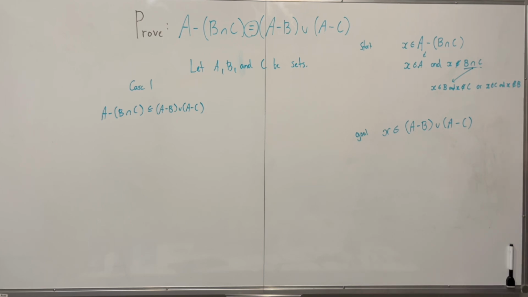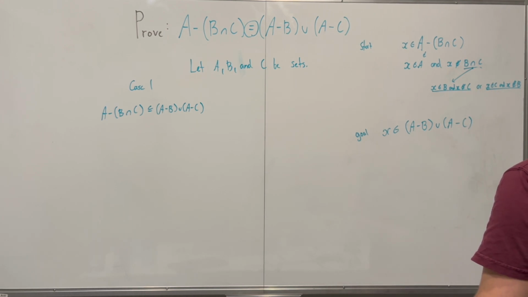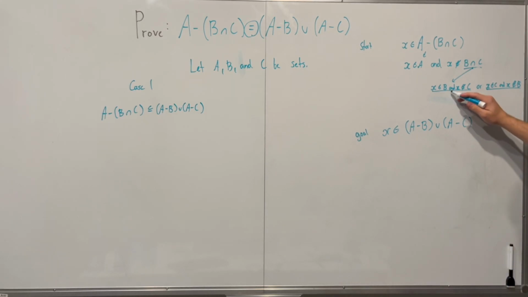We know that it's going to be one of these 2 cases, so we're going to have to show both of these cases lead to our conclusion. Okay, so how can we get from this case to our finale?